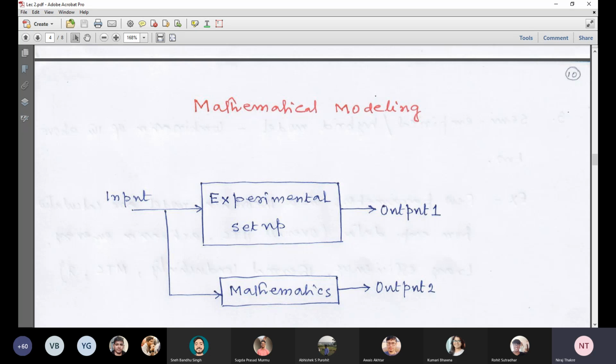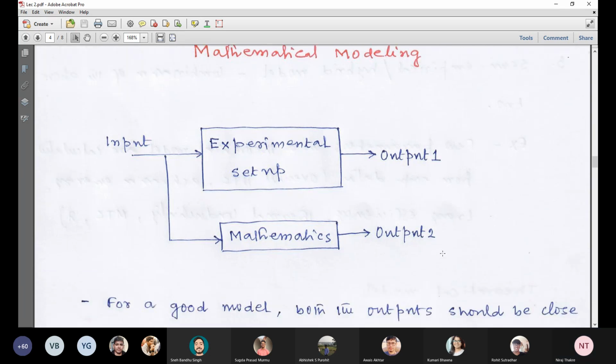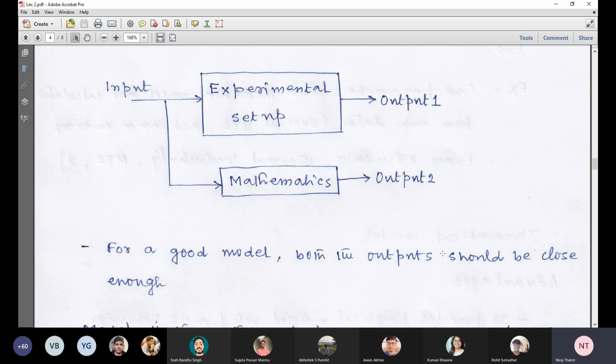Mathematical equations are basically the model equations. So for a good model, both the outputs should be close enough. But never expect 100% matching.